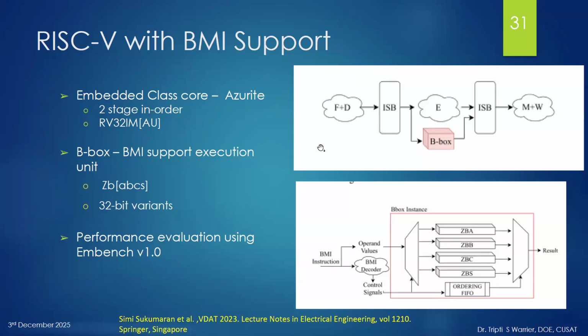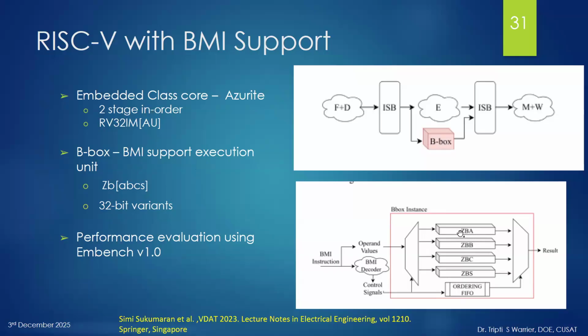For this we only used the ratified BMI extensions A, B, C, and S. We had seen that. Look at this diagram. It is showing how, based on the sub extension, each sub extension has different tasks, so the hardware for that is different.